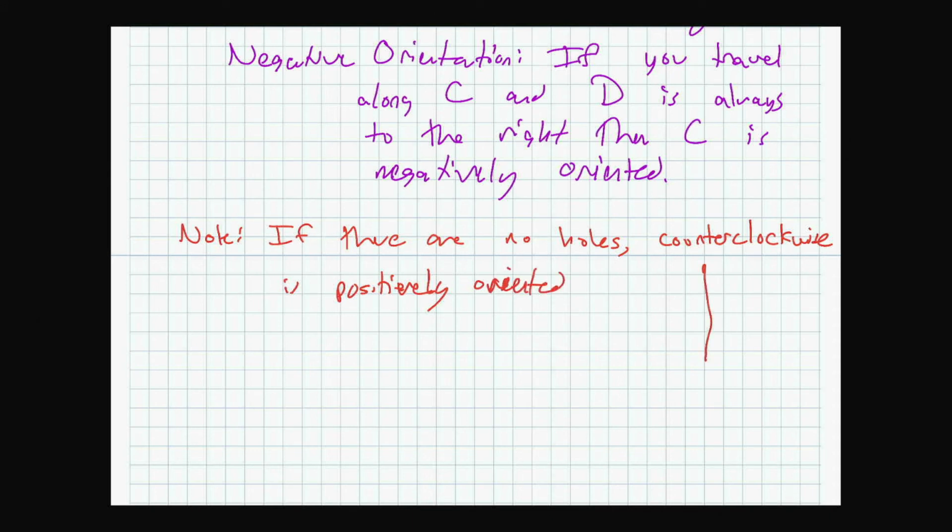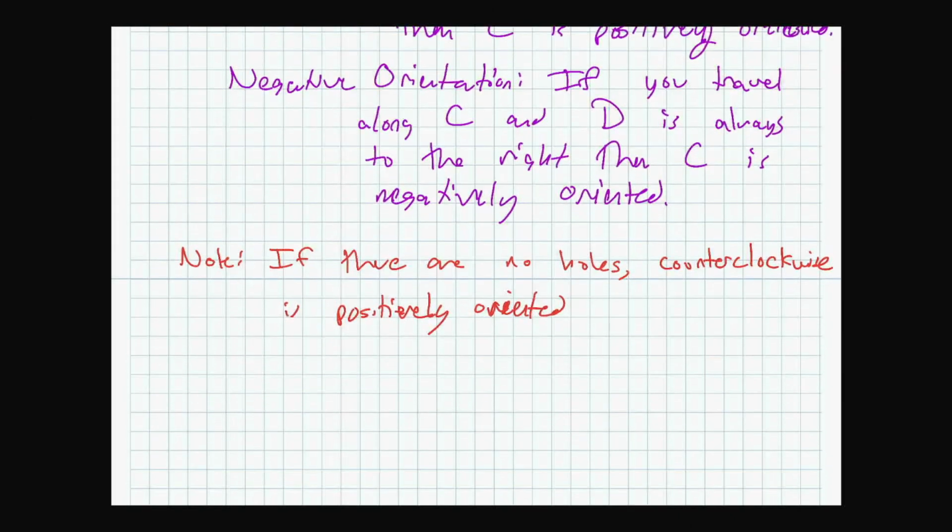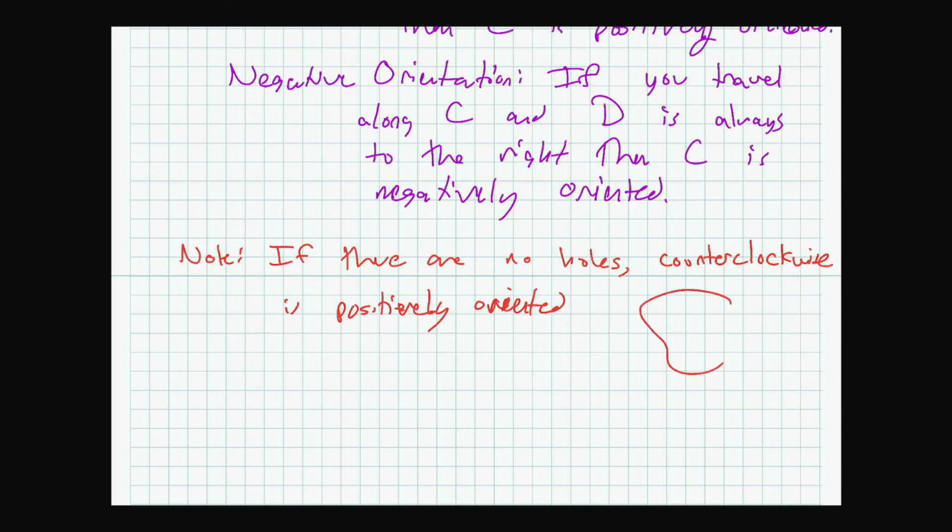Just think about it. If you have a shape and you're going that way, then if you're traveling along that curve, the region is always on the left, right? If you're traveling this way, left is over here, right is over here. So counterclockwise is positive orientation.